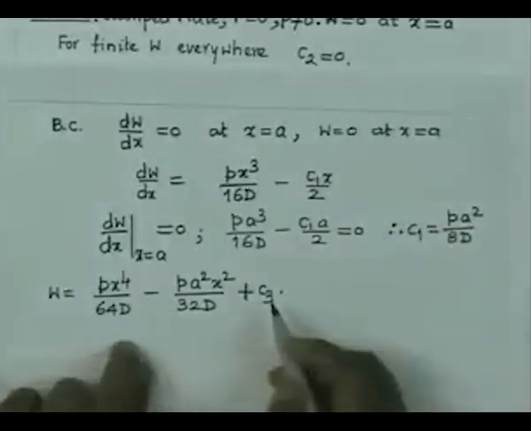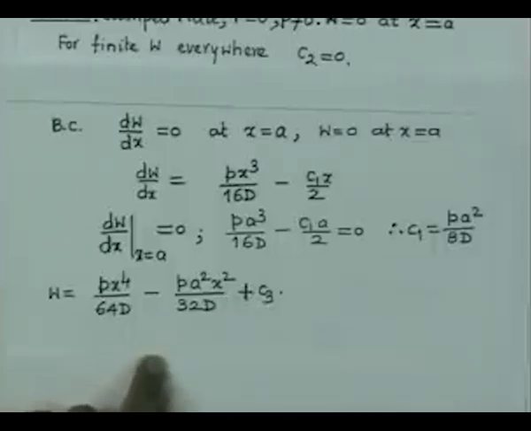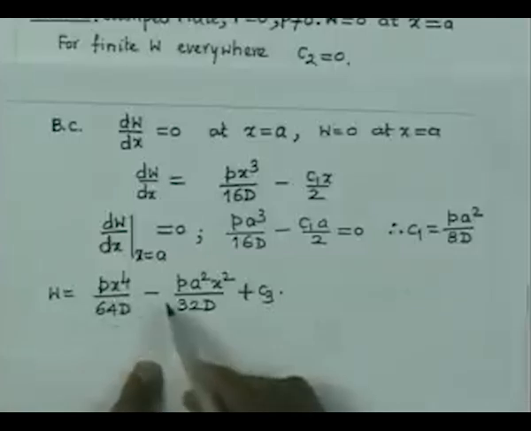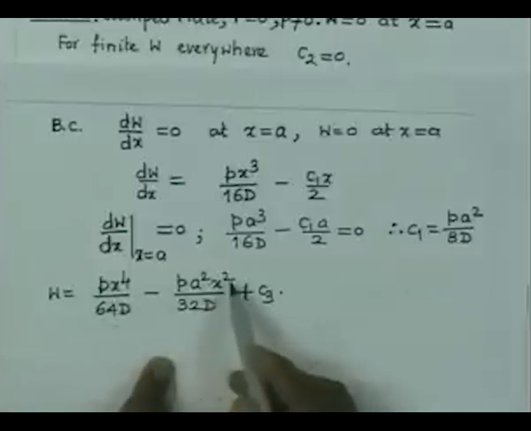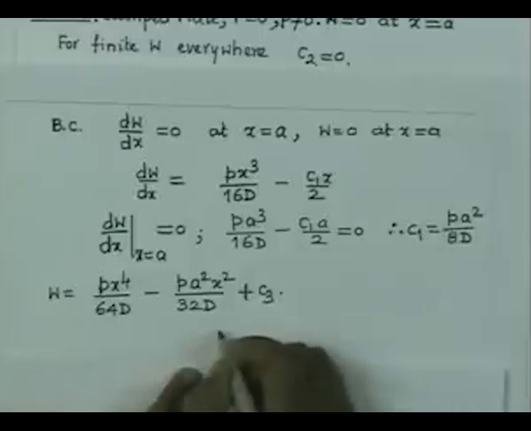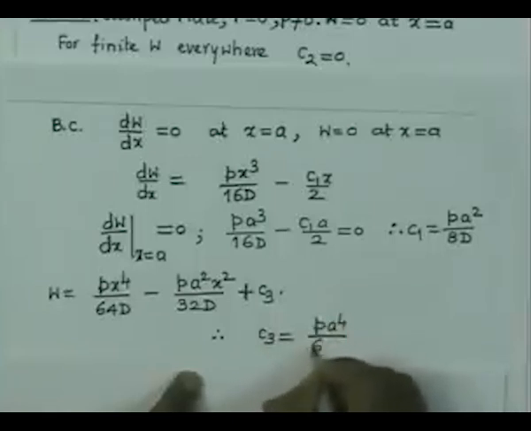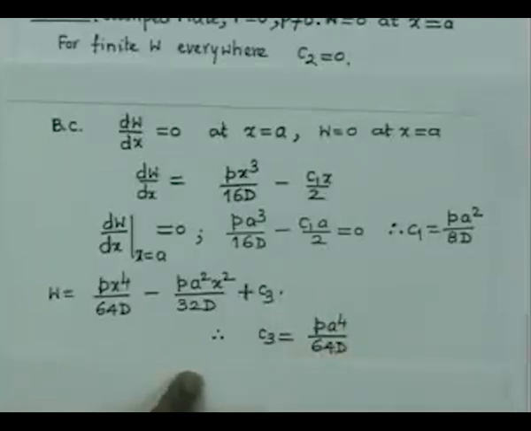If we put x equal to a, we get C3 equal to P a^4 by 64d minus P a^4 by 32d, which gives C3 equal to minus P a^4 by 64d.